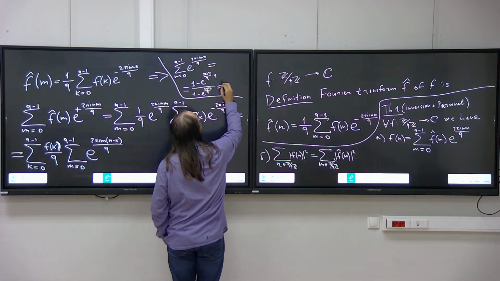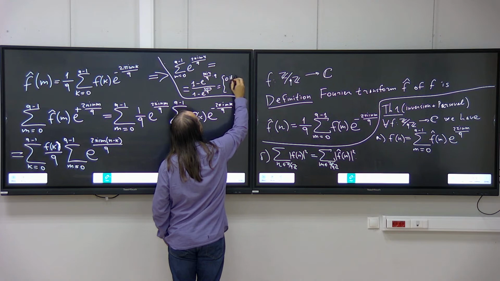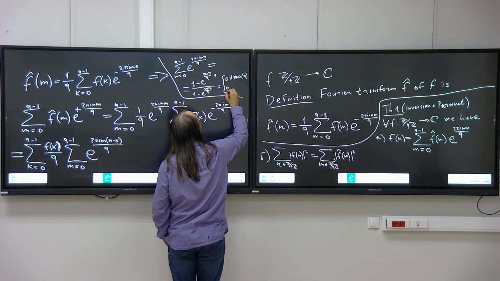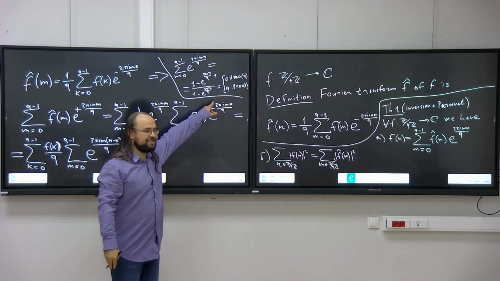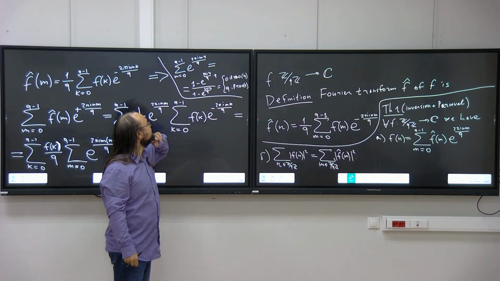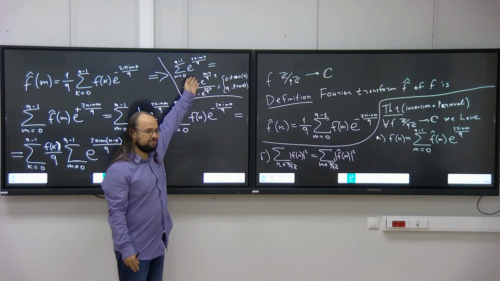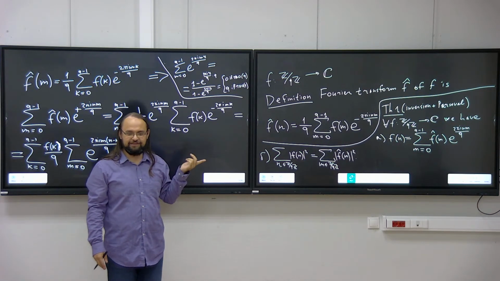So you get 0 if r is not congruent to 0 modulo q, and q if r is congruent to 0 modulo q. Of course, the second part is easier to establish if you note that if r is divisible by q, then all of these exponents are equal to 1.